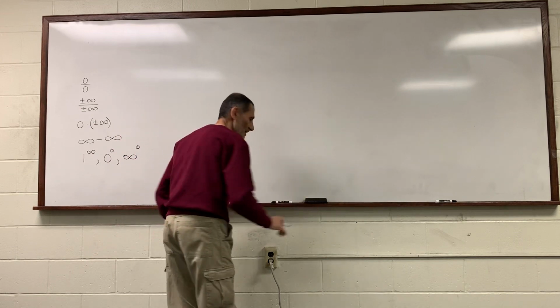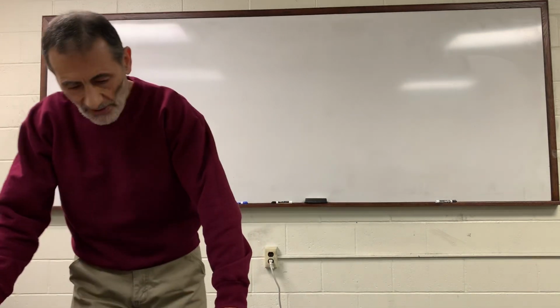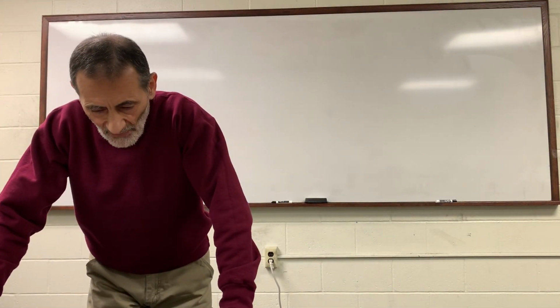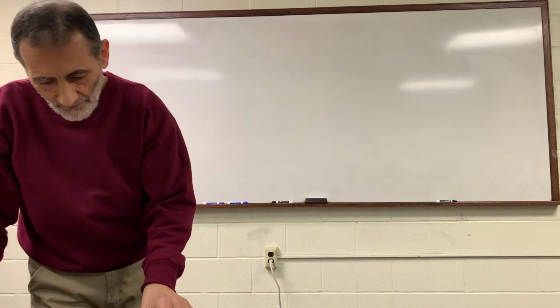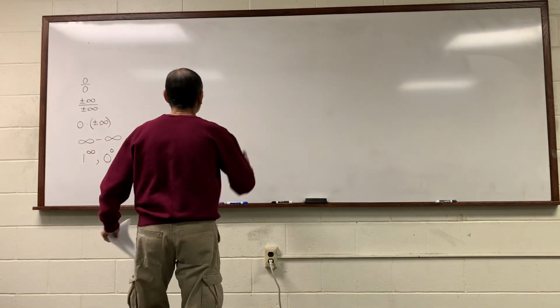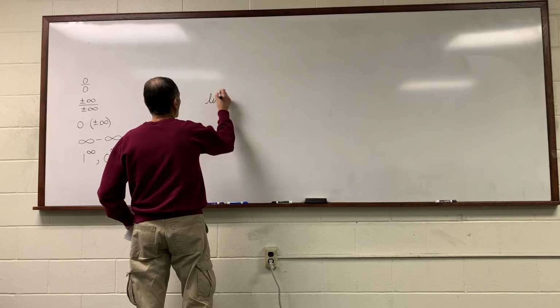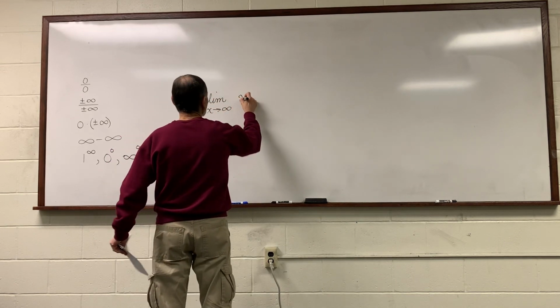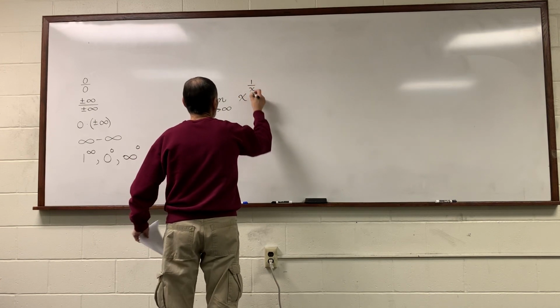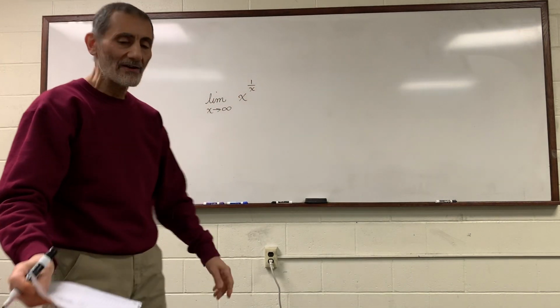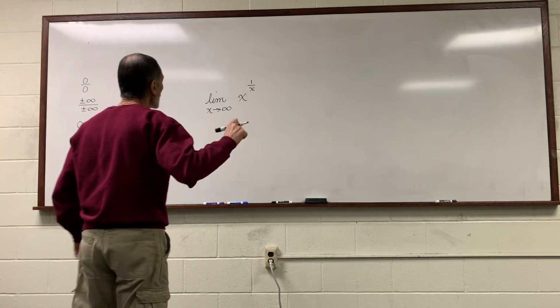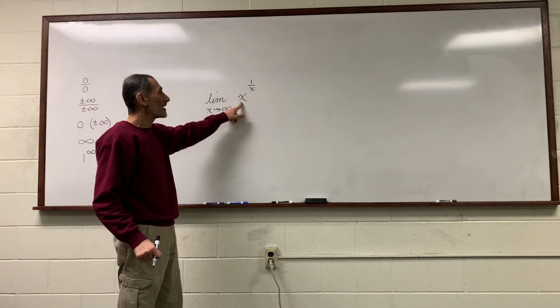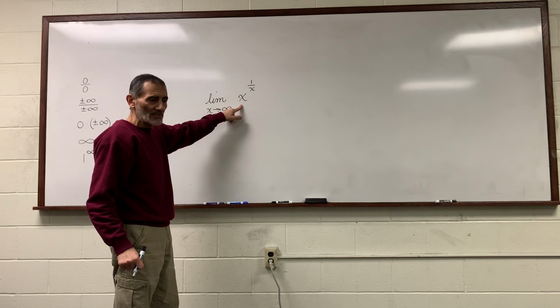So let's go. Let's do one example here of one of these. Find the limit as x approaches infinity of x to the 1 over x. I said we had seen this approach elsewhere, and where we saw this approach, taking the log of this, was when we did logarithmic differentiation.